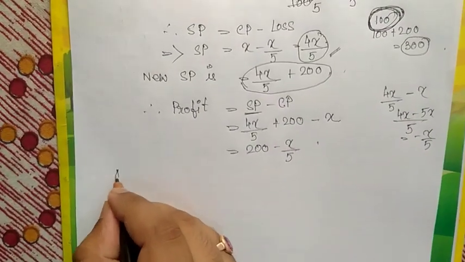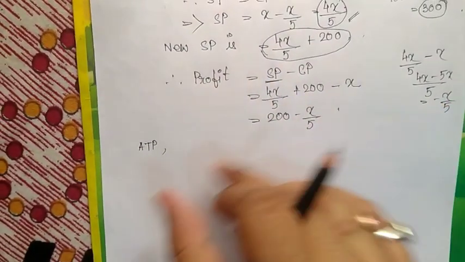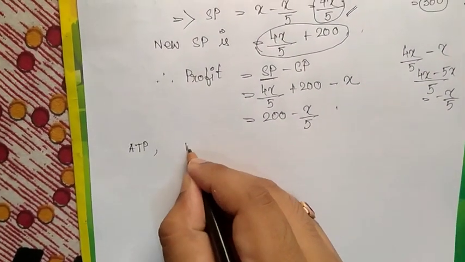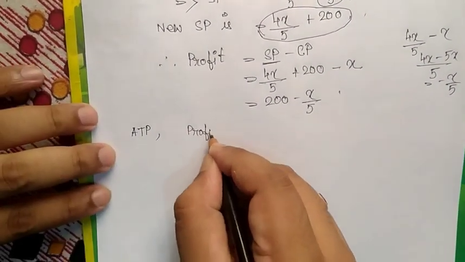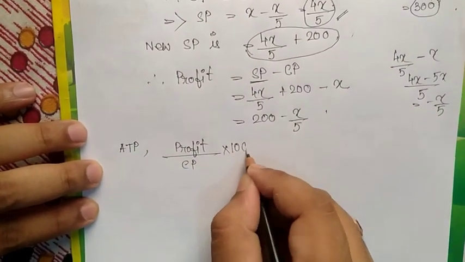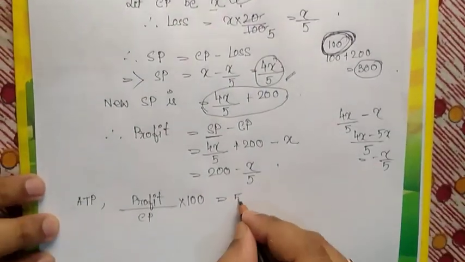So according to the problem, the profit percentage is profit by CP into 100, which is known as 5%.